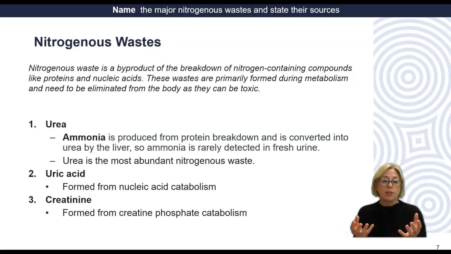So as it increases in the blood, it can kind of precipitate out of solution to form crystals. And those crystals then can accumulate in joints and stimulate inflammation and cause that gouty pain. Now, for some of you, you'll go on into future subjects and learn more and more about gout. And finally, creatinine, which is that waste product that's formed from creatine phosphate catabolism, which is found in skeletal muscle.